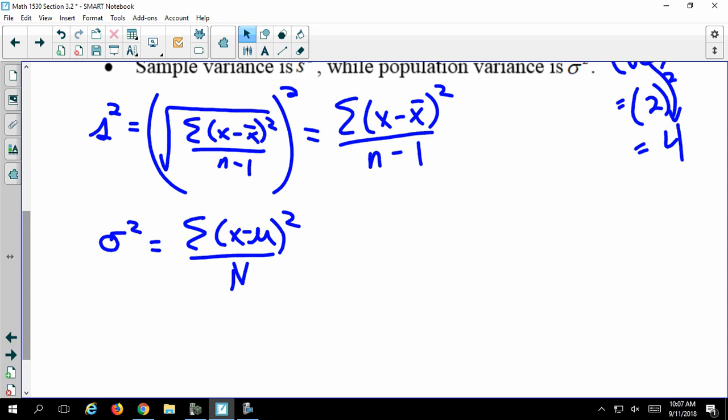Yeah. So, sample. Population, population is lowercase sigma.